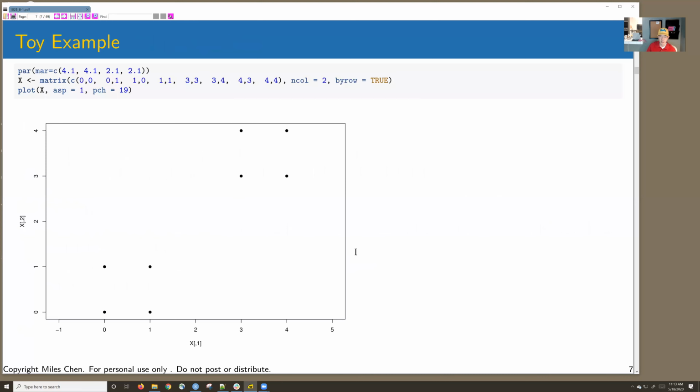All right, so we're going to start off with this very simple toy data set. Here I've got 8 data points: (0,0), (0,1), (1,0), (1,1), (3,3), (3,4), (4,3), and (4,4). We're going to look for 2 clusters. The data comes in unlabeled.